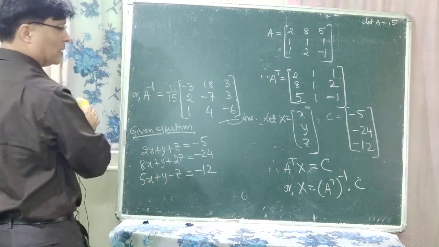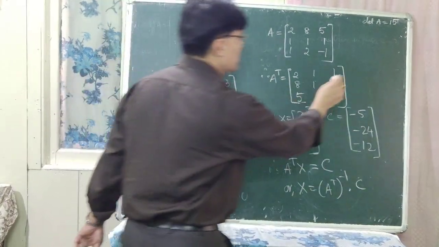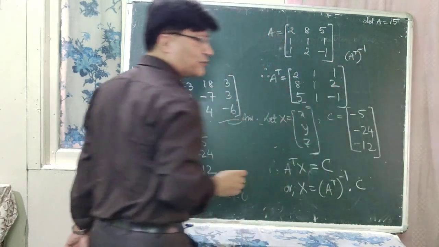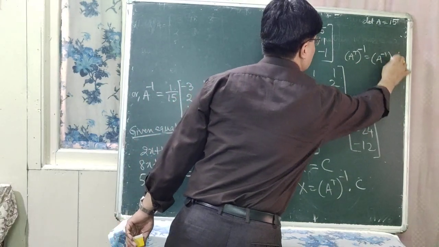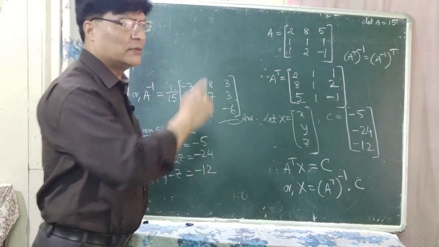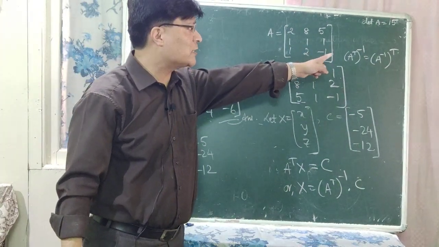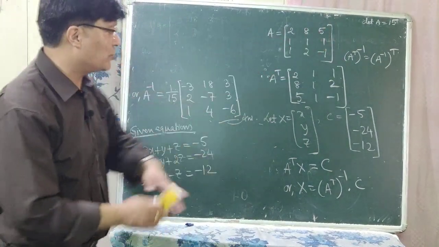Next, there is a property for the inverse of a matrix: A transpose inverse is equal to A inverse then transpose. This is a very important property. That is, A transpose inverse is equal to A inverse transpose, right?